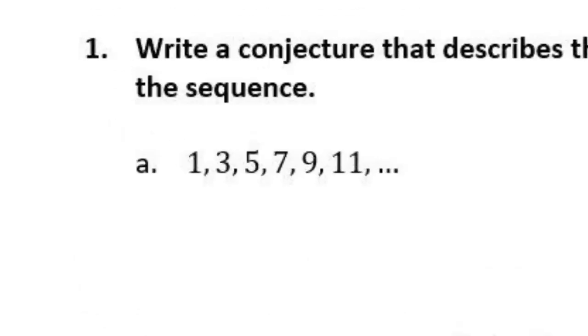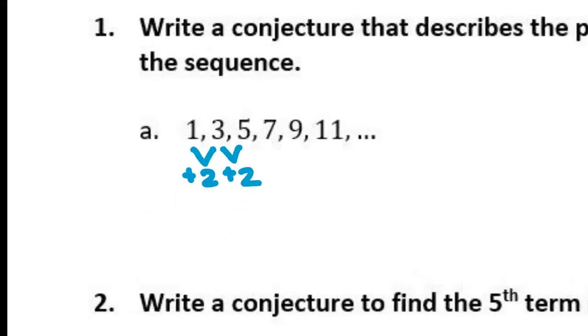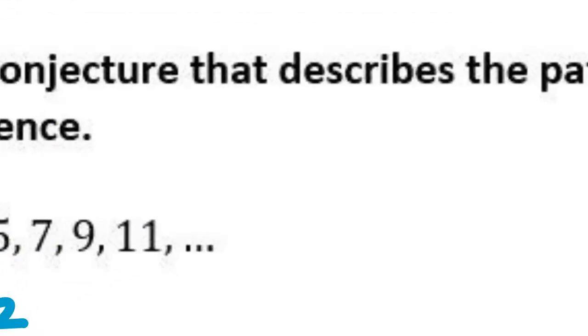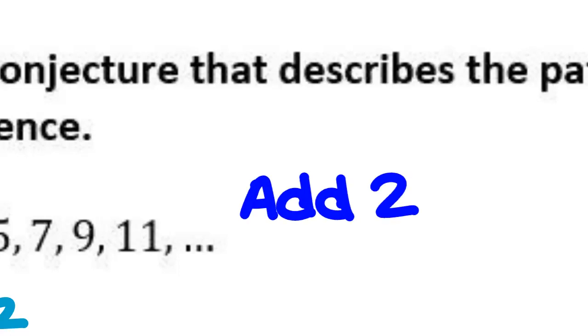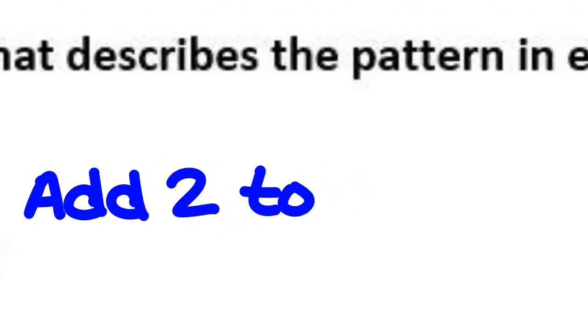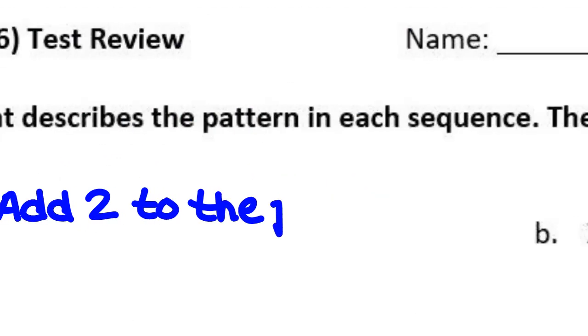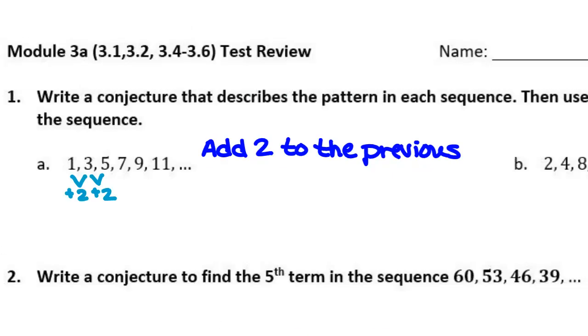So on number 1, part A, what would you do to go from 1 to 3 that you could repeat, then to go from 3 to 5? Add 2. All right, so my conjecture is going to be add 2 to the previous term to get the next term.